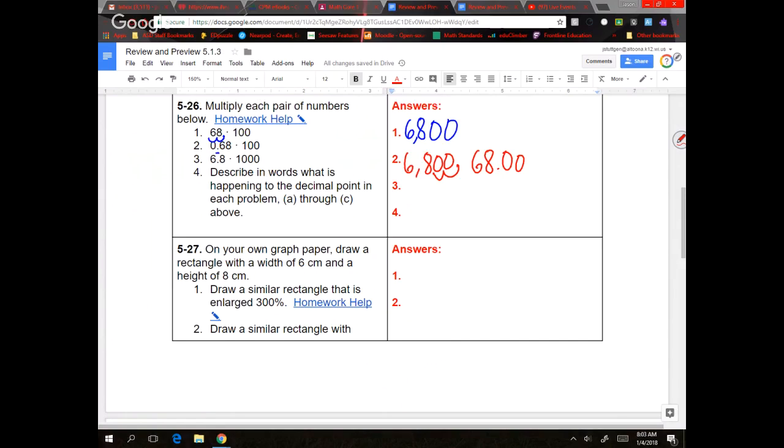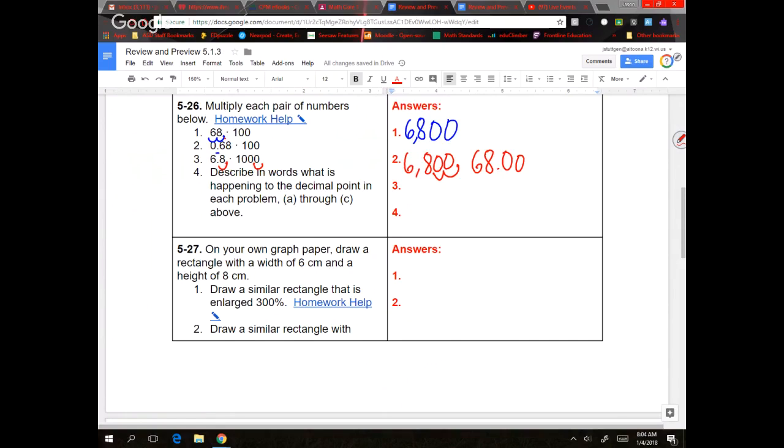You'll notice in the third one, they changed one thing up. Actually, 2 things. They moved the decimal point 1 to the right, but they also multiplied by a larger number, in this case 1,000. So if it was 100, it'd be 100.1. They moved that one place to the right.